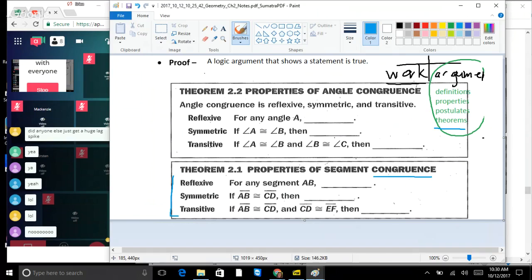So for any segment AB, line AB, oh, I need to type it out, sorry. Line AB is congruent to line AB.